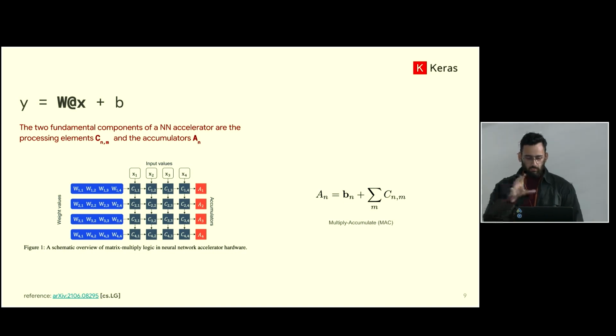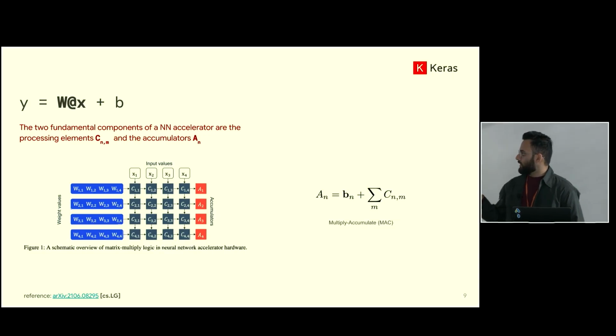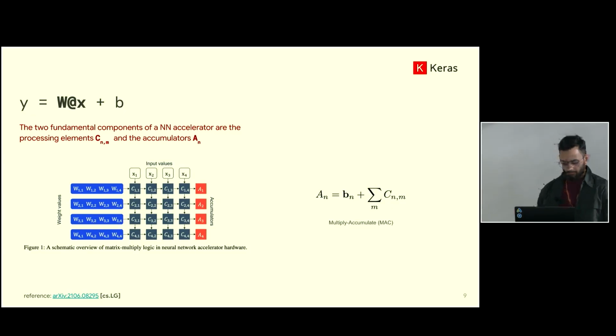And once all of these elements have performed their respective multiplication, the results are summed up across all the processing elements in that row, right?